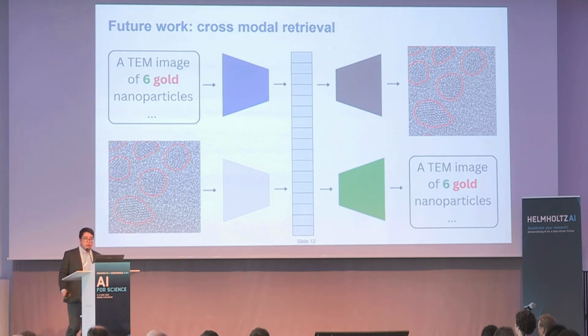Because later on we want to go from the original input TEM image to textual description to understand specific details about the image, or we want to generate synthetic data from textual descriptions. So we give some textual description and train a model to give us an electron microscopy image.